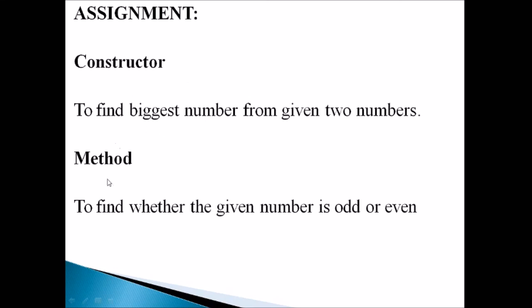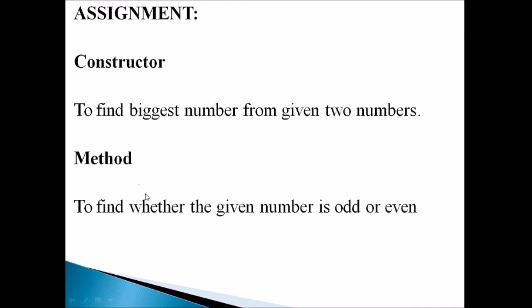And then you create a method with any name as you like, and for that you write the source code for finding whether the given number is odd or even. For the method you keep one argument. For that argument you pass the value while you call the method.